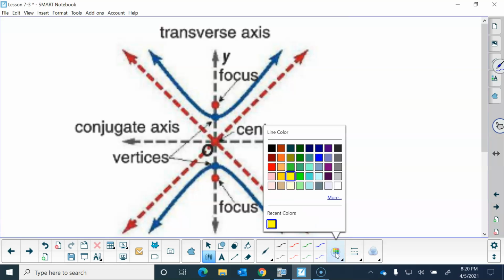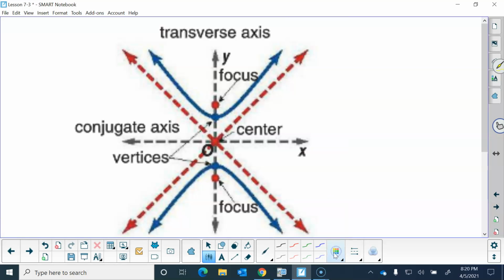Here are the parts of a hyperbola. We have a center. That's going to be a point that's right in between the two curves. Now this hyperbola is opening up and down. The orientation is vertical. But sometimes the orientation is going to be horizontal, left and right. We still have 2 points called vertices right here, kind of like with parabolas. And then we also still have 2 points called focus points.